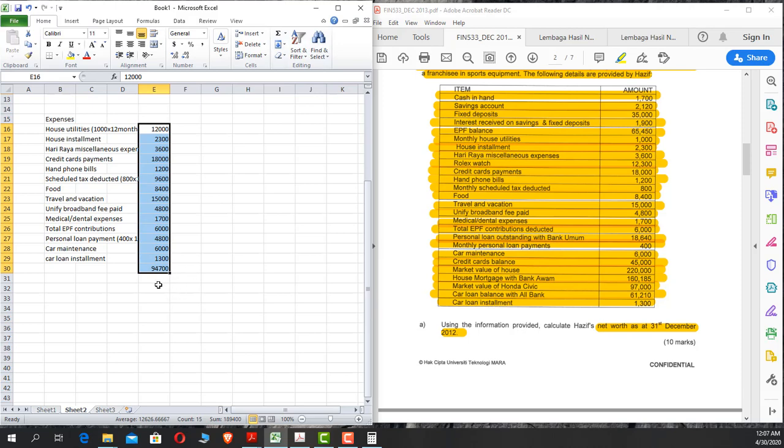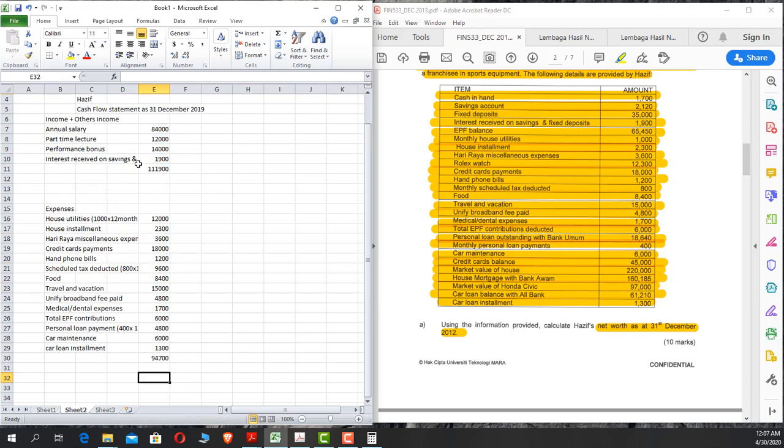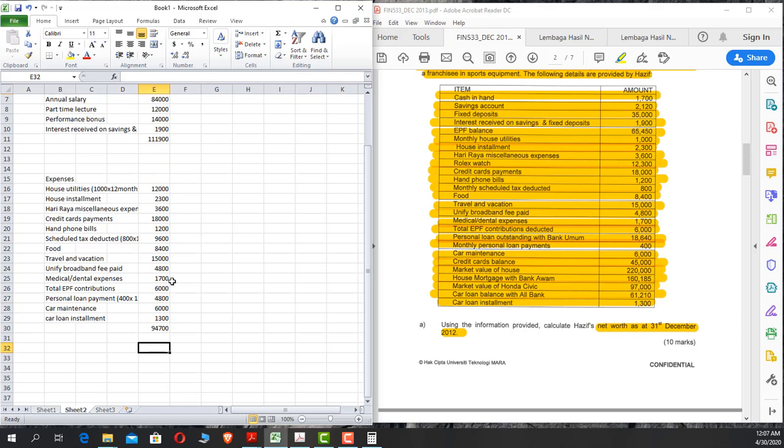Okay, so here you get the amount of income statement 111,900, and then untuk yang expenses awak dapat 94,700. So based on your saving, amount for the income minus, okay, so that's the ni lah value for your saving.